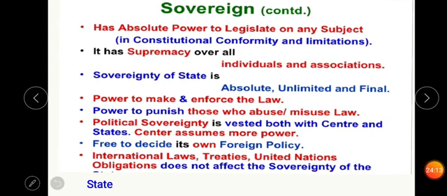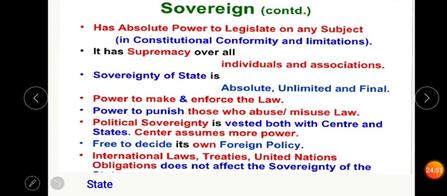It has power to punish those who abuse or misuse the law. Even leaders will be punished, because it is already said that if anyone commits any offense or crime, they will be punished as per the laws mentioned, either the CrPC, the Indian Penal Code, the Criminal Procedure Code, or the IPC.